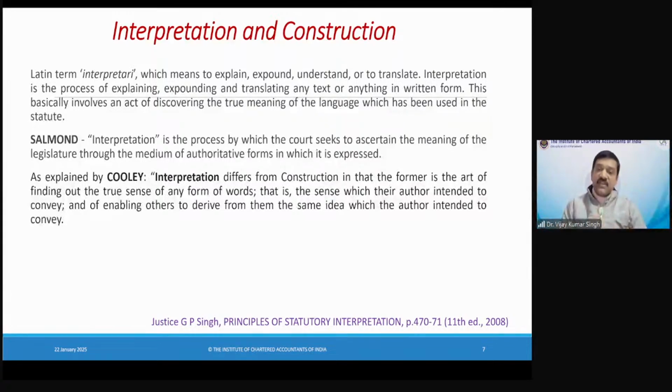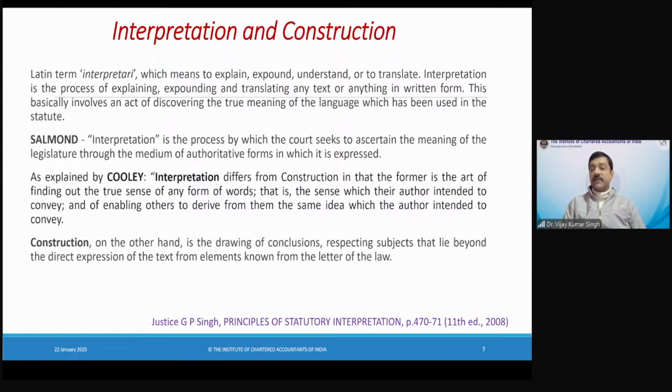He said the former is the art of finding out the true sense of any form of words, the sense which the author intends to convey, and enabling others to derive from them the same idea. Whereas construction is drawing conclusions, drawing the outcome or what the respective subjects mean. So deriving the meaning out of the expressions or text of the legislature will be referred to as construction.